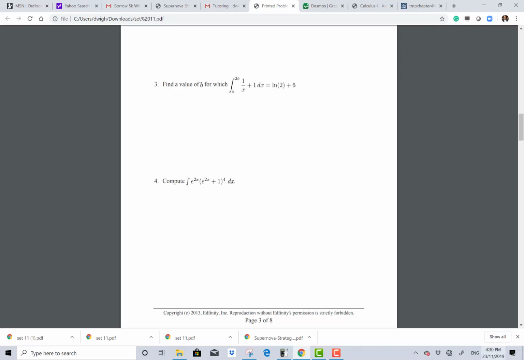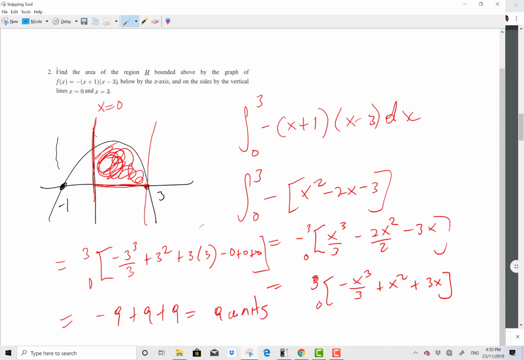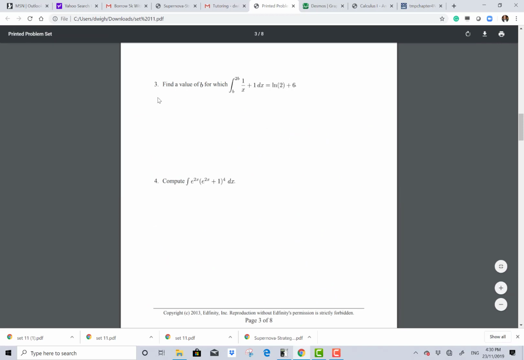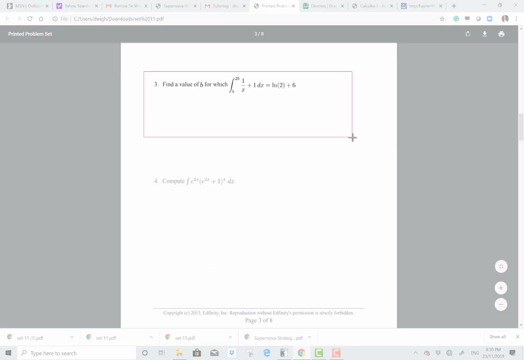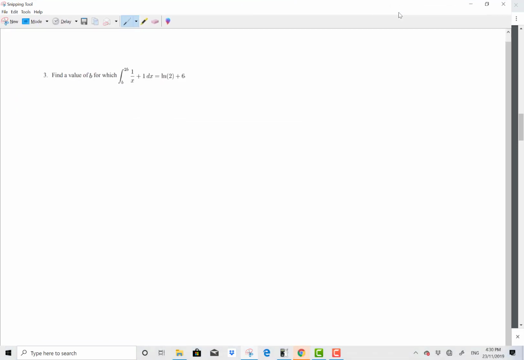So let me just take a quick snippet of this. With this snippet, we recognize that this is the integral from b to 2b of 1 over x plus 1 dx. This is going to be equal to ln x plus x.